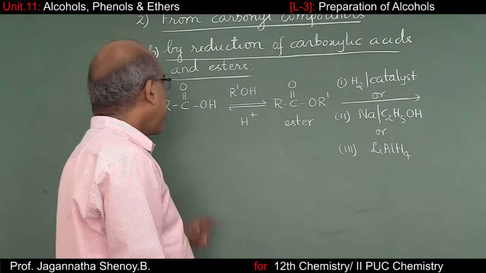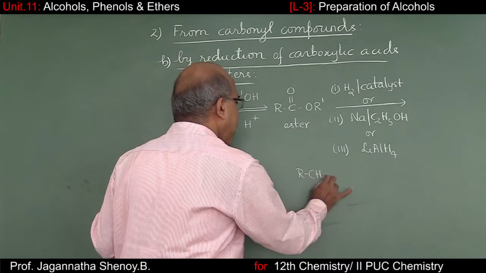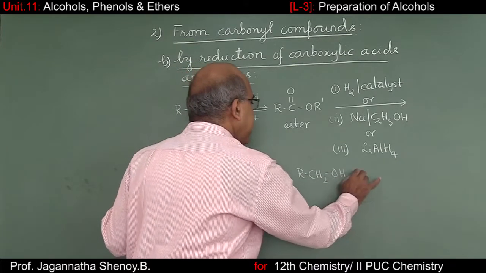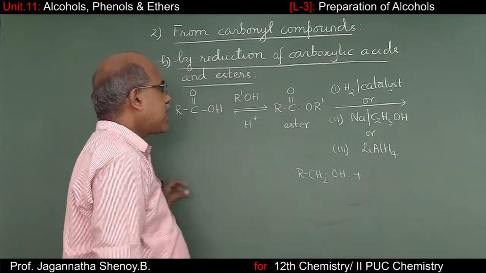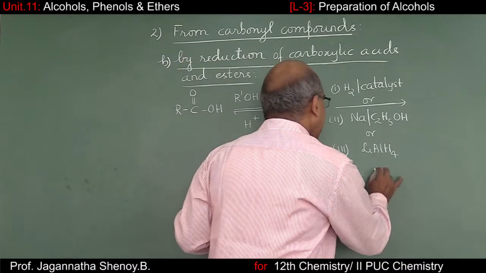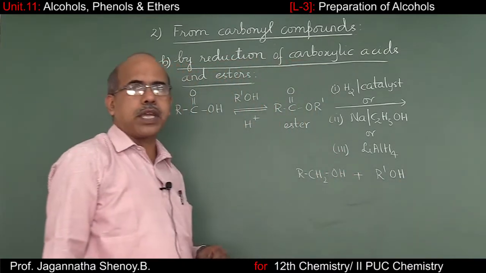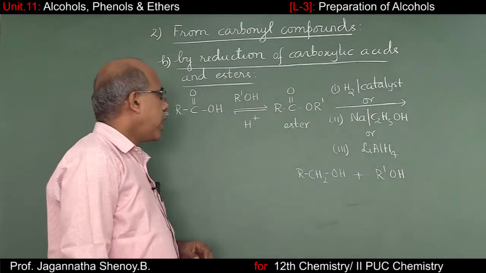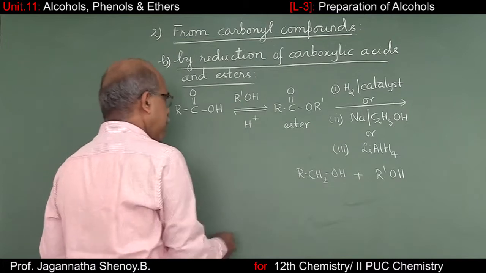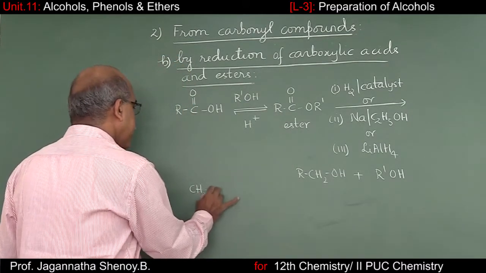So the products obtained are RCH2OH, you get a primary alcohol, and corresponding to this alkyl group R dash, we get R dash OH, another alcohol molecule.